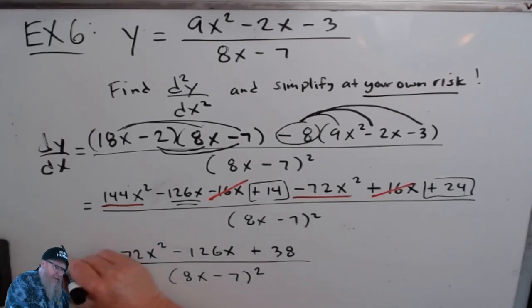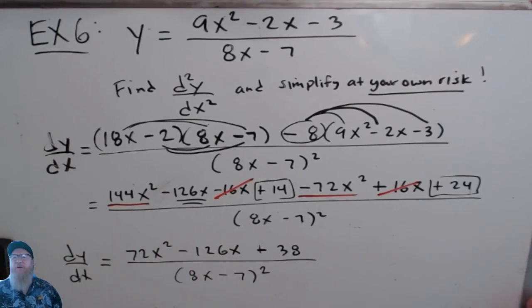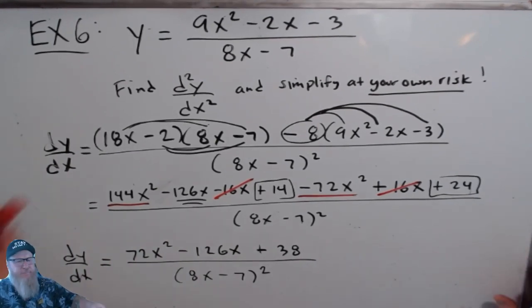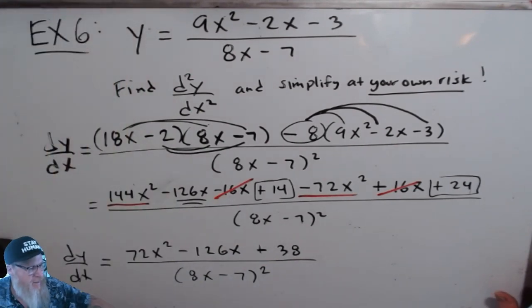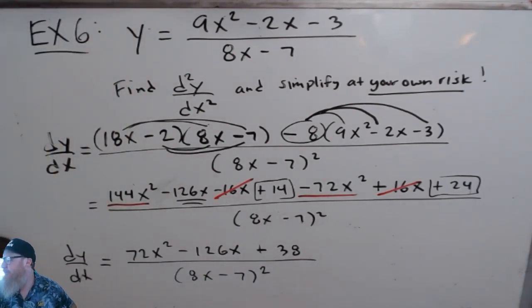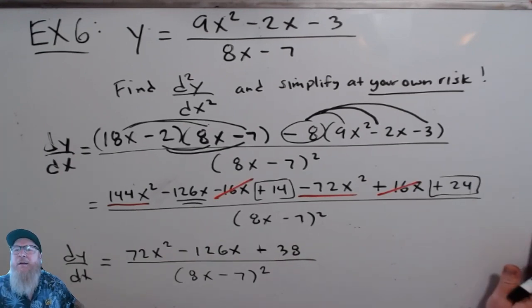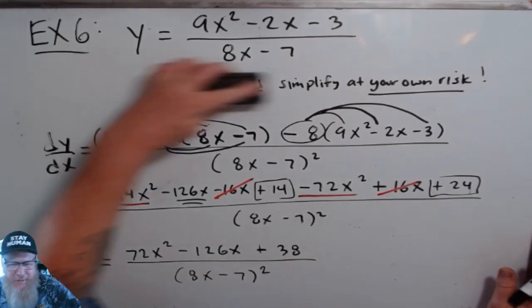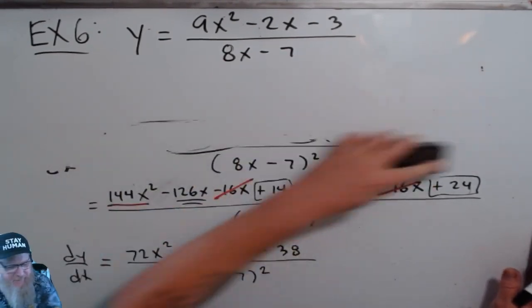All right, so that is my first derivative. Now I'm going to go to the second derivative. Make sure everything's right before we move on to the second derivative. Everything looks good.